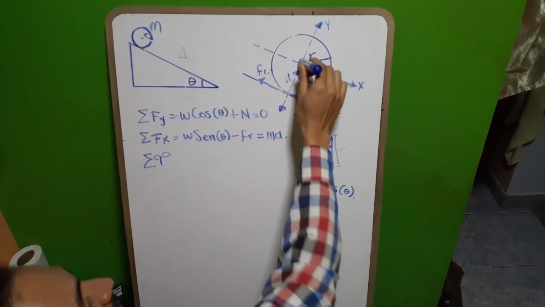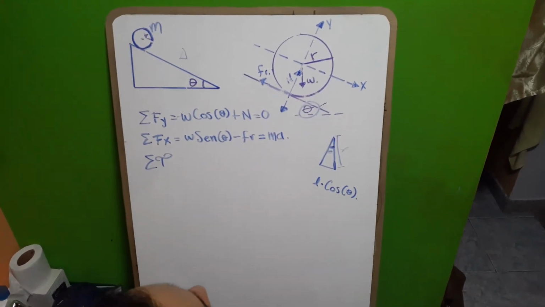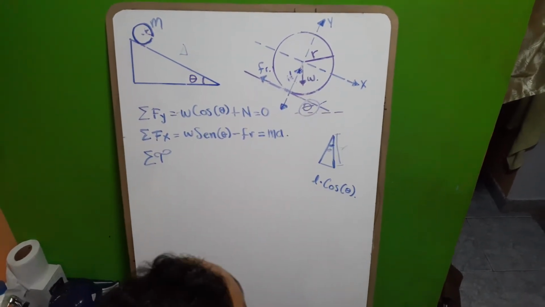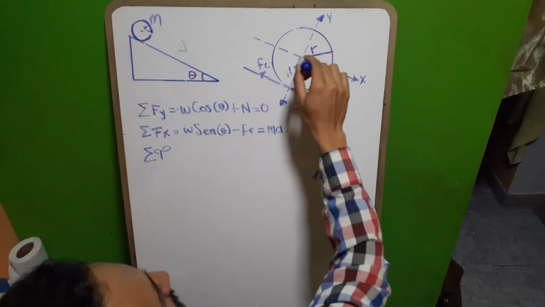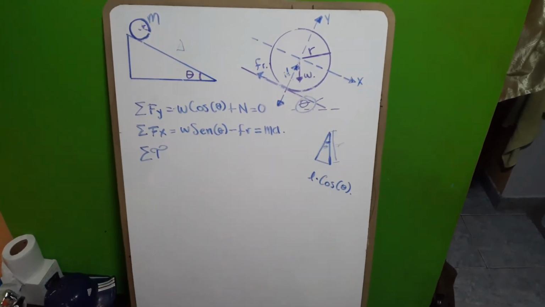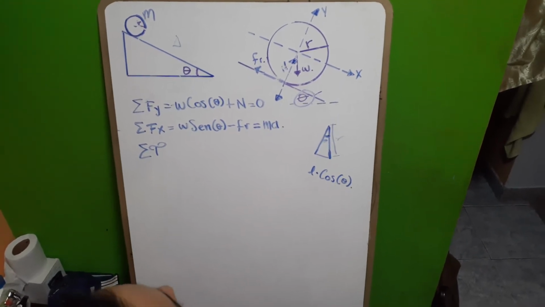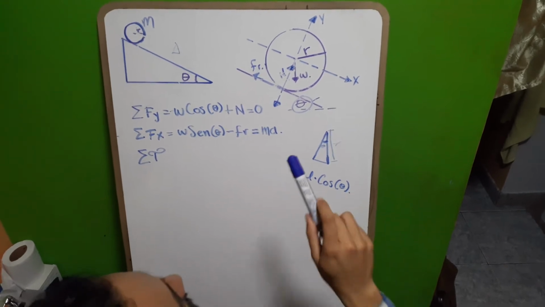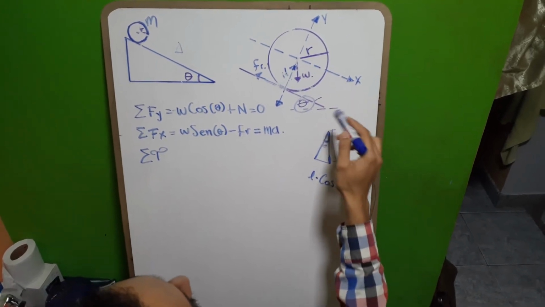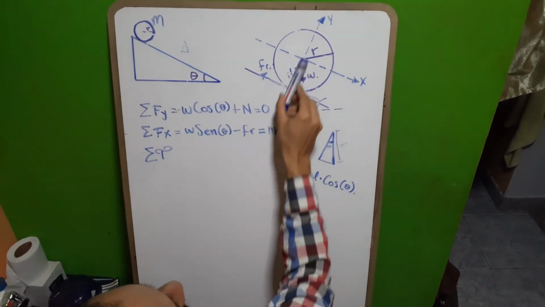This is the axis of rotation. If a force is applied along the direction of the axis, this force does not produce torque, but this force is not in the direction of the axis.